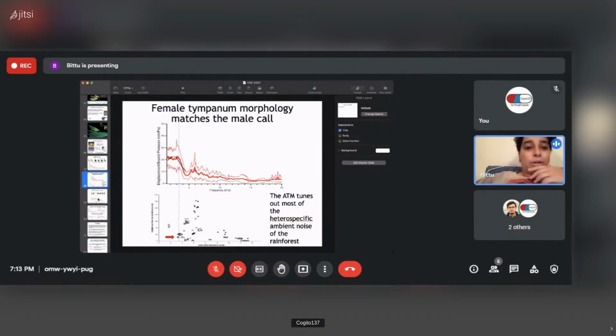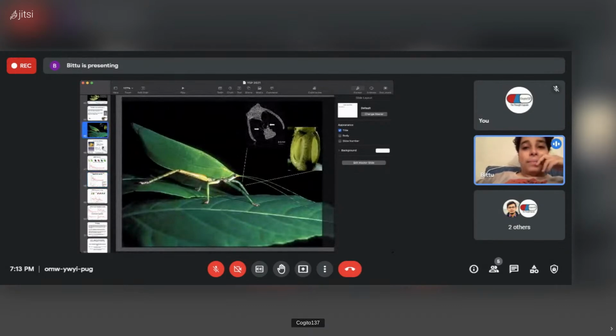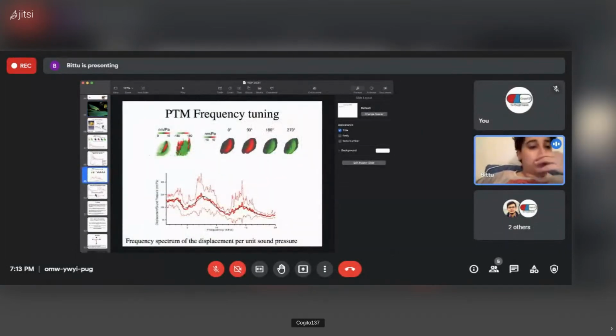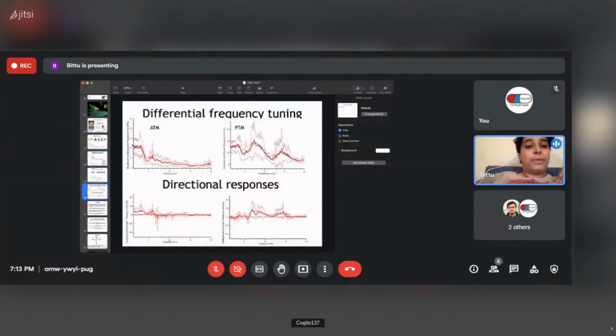Of course, you can argue that it's not a good idea to only be listening to each other's love song and to not listen to any of the other calls being made in the forest. So it looks like, because these animals have two eardrums per ear, in fact, in many crickets, one eardrum functions and the other one seems to be a dud. It doesn't respond to sound. But in these animals, they have this beautiful differential tuning of the two eardrums, where one eardrum is only listening to low frequency sounds.